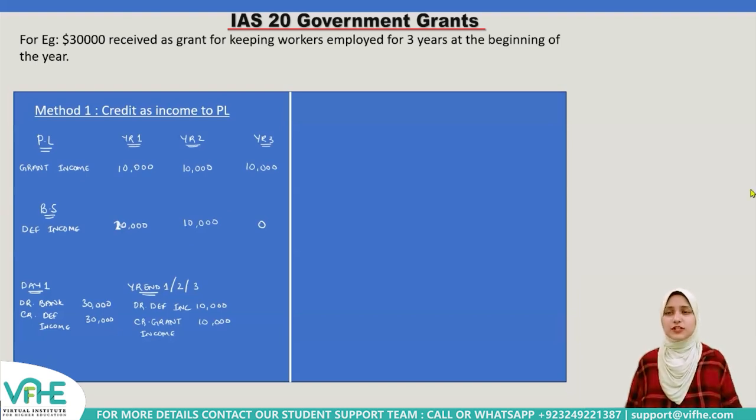Now, how would things progress in method 2, where you're not doing a credit as an income to the profit and loss statement, but you're doing a deduction to expense in P&L. Okay, you're doing a deduction to expense in P&L. So here, how you would do things is, instead of creating a grant income line item, you probably have something called an admin expense line item, right?